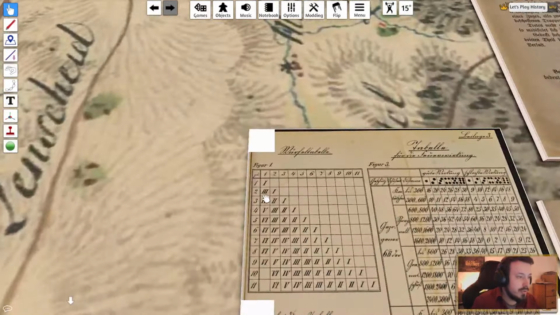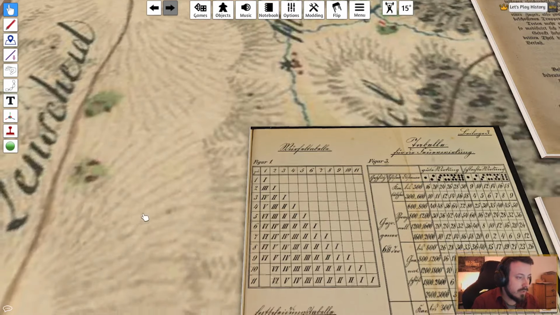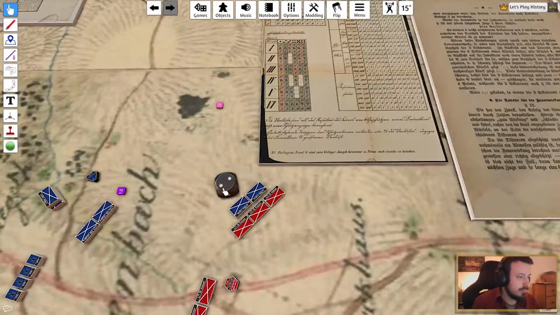And a 2-to-3 means we roll die number 2, in favor of red. So we could say, okay, let's roll die number 2 in favor of red.